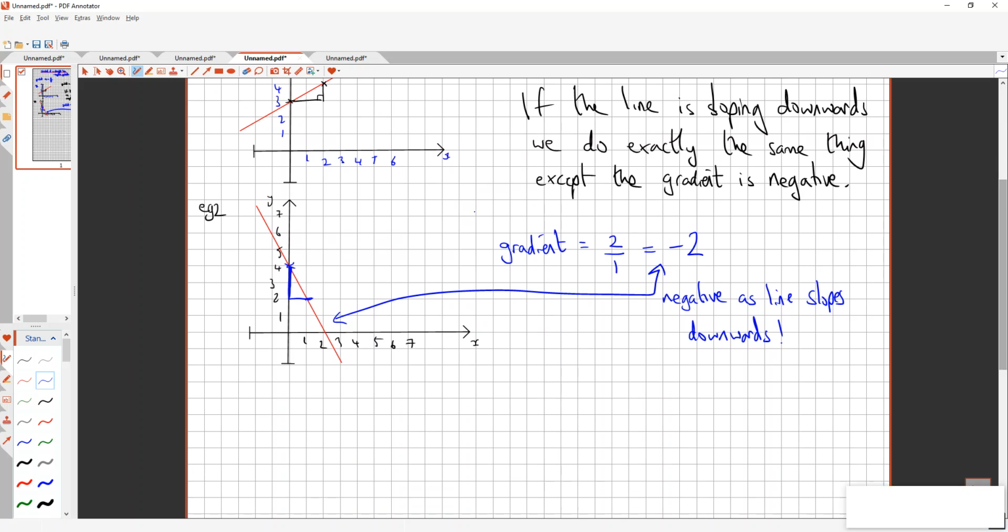However, if it is sloping downwards, the gradient is negative. But we work it out exactly the same way. So in this case, vertical, count the squares, 2 units, divided by 1 unit. So vertical divided by horizontal. And it's sloping down, so it is negative.